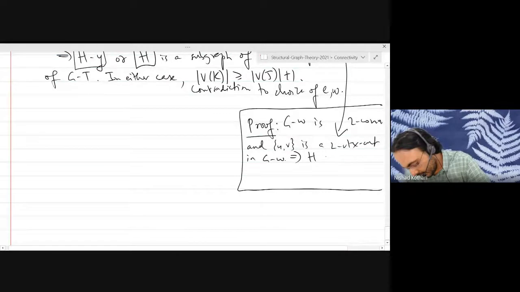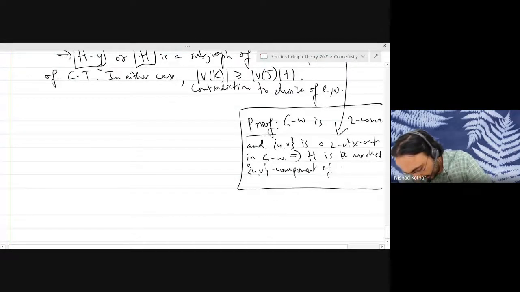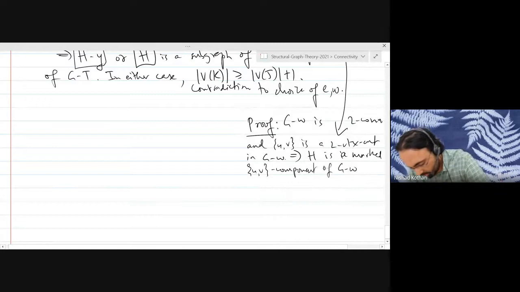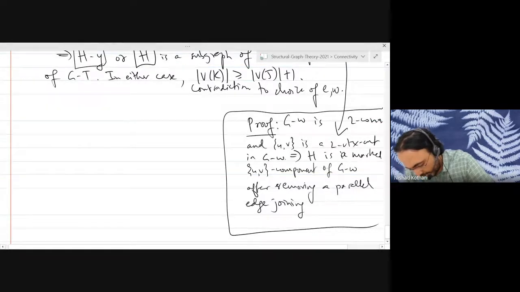So note that H is basically a marked UV component of G minus W after removing one parallel edge, a parallel edge joining the vertices U and V, which would be your marker edge as we discussed 2 lectures earlier.